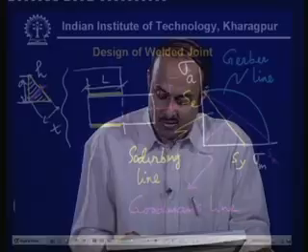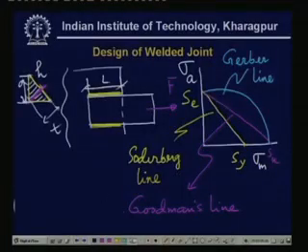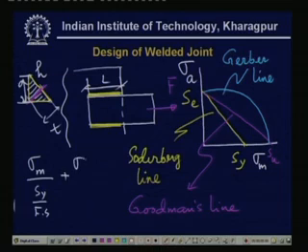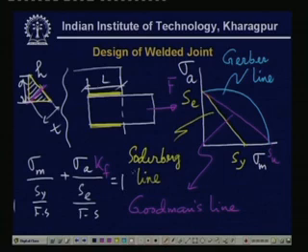We can write down the formula. For the Soderberg line, of course, it will be sigma m divided by SY divided by factor of safety plus sigma a divided by SE divided by factor of safety, and here we will have to multiply by Kf, and that must be equal to 1. So, this is for the Soderberg line. What is not known is this AT.